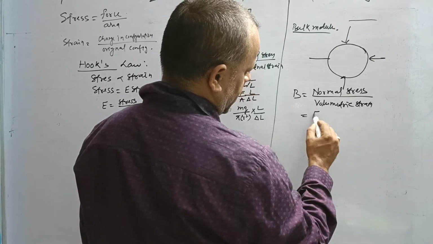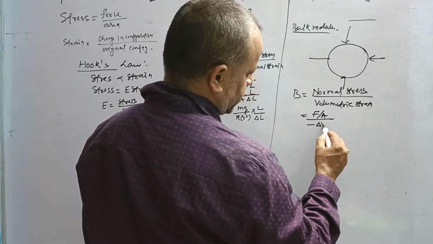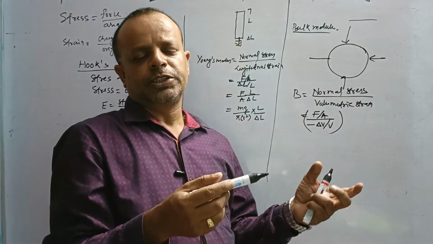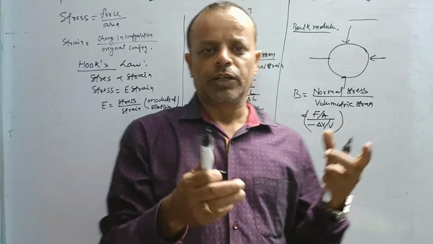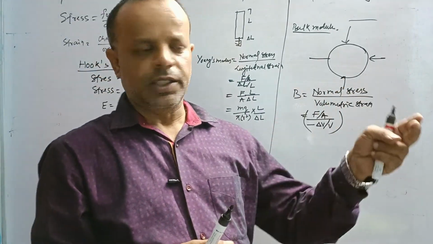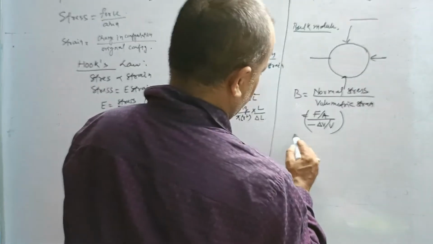Normal stress is force upon area, and volumetric strain is minus delta V by V, because the final volume is lower than the original one. Change in volume is final minus initial, so it comes out negative. That's why I have written a negative here.